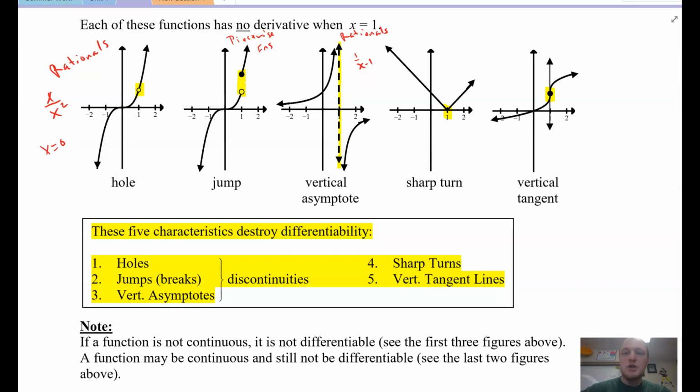For the other 2, the sharp turns, this can happen with piecewise functions also, but mainly, like what you're looking at here, absolute value functions tend to have sharp turns. And with vertical tangent lines, this is when you get undefined values for your derivative. If f prime of x has discontinuities, so if I take a derivative and there's a rational function and I can't have a value that makes the denominator 0, then you're not going to have differentiability. Those are some of the things to pay attention to.